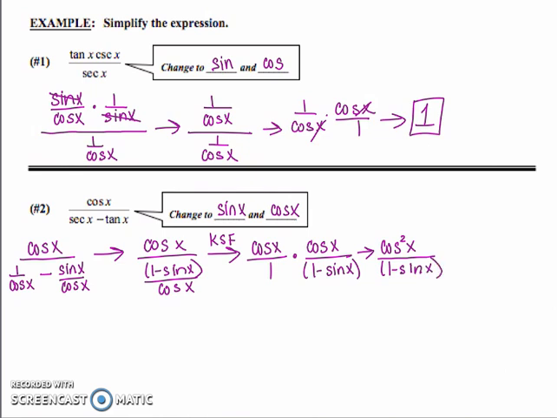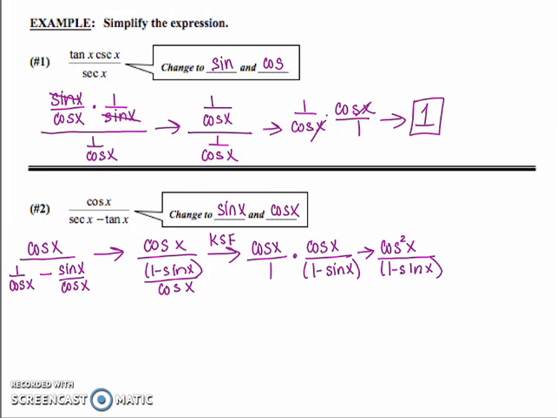Okay, so now this one is quite a bit more complicated because at this point, there's not any more simplifying I can do, but yet I know that this can't be it, right? This is still kind of too complicated to leave our answer in. So now that I've got a cosine squared in my expression, the next thing I'm going to think about is, well, my Pythagorean identities always have squared terms in them.